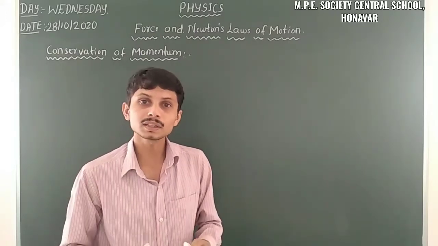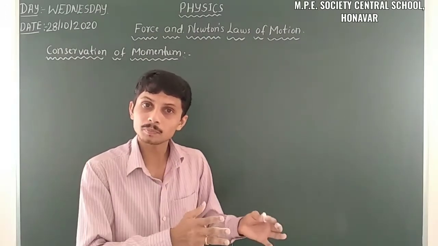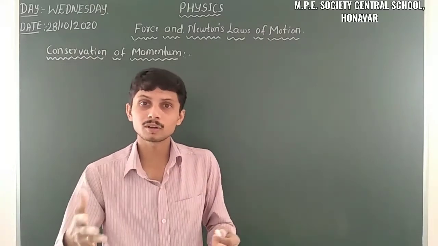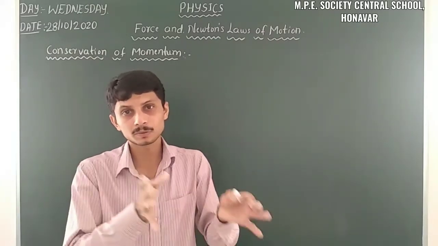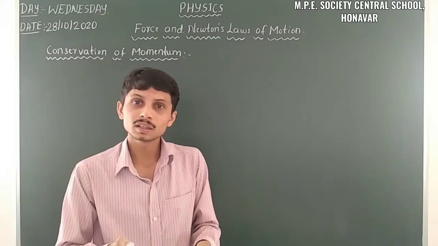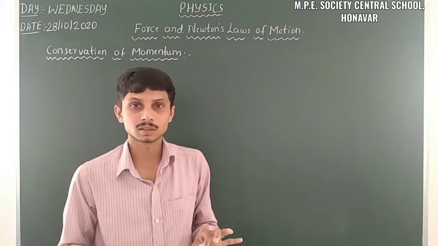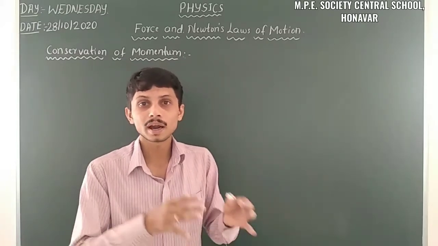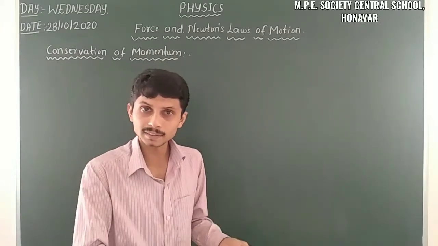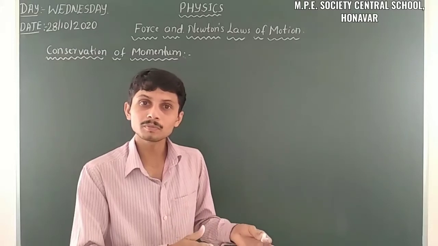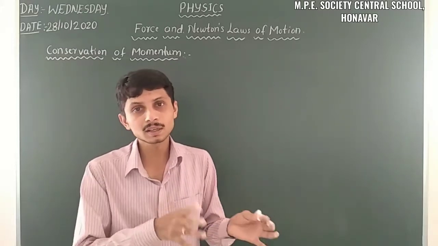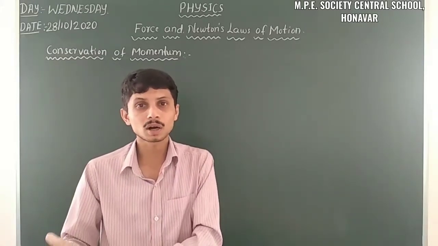After the application of force, the first body moves with a different velocity and the second body also moves with a different velocity. Even so, the total momentum is the same before the collision and after the collision. Before the accident, the total momentum between those two bodies is the same as after the accident.